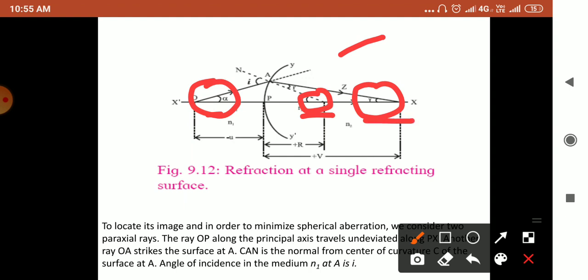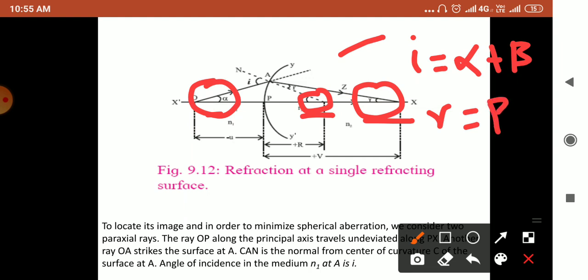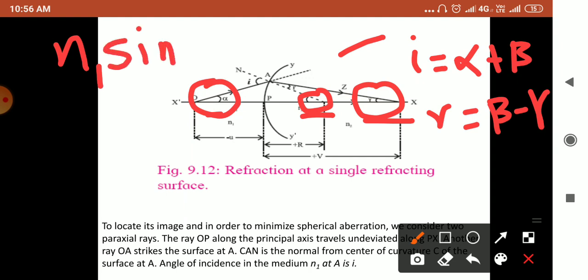So these three angles give the relation for the angle of incidence i equal to alpha plus beta, and angle of refraction r is equal to beta minus gamma. Here, as this is a convex surface, it gives two different mediums, n1 and n2. So n1 sin i is equal to n2 sin r.